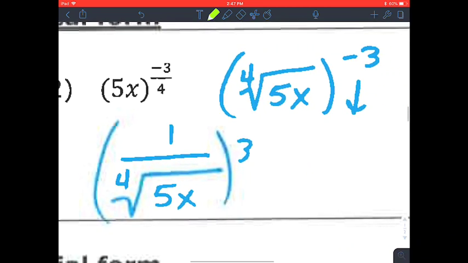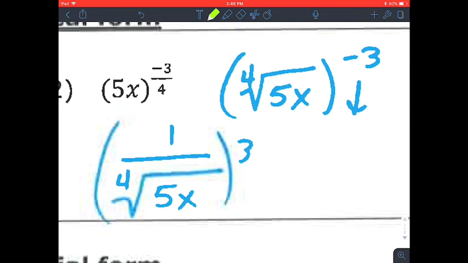Next one, two ways of doing this is I can keep that 4th root. Notice no matter what, the 4 is staying with that radical symbol. It's the 4th root. Notice that 5x is inside that radicand, the same way it's inside the parentheses.